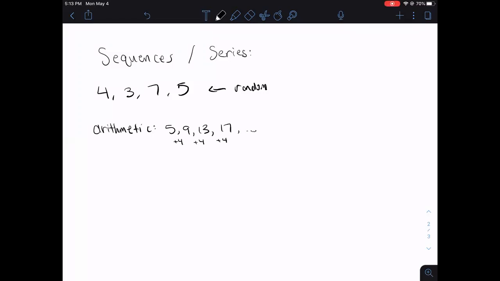So also we have a geometric sequence. This is like 3, 6, 12, 24, 48, dot, dot, dot. And this multiplies by 2 every time.